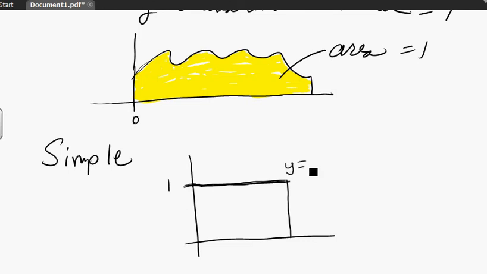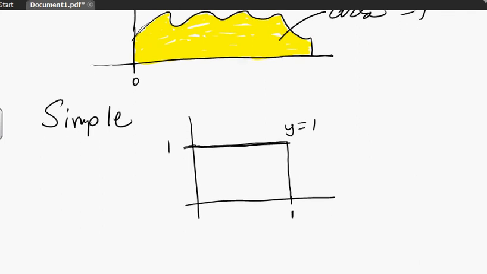Okay, good. And the area under this curve has to equal 1. So where am I going to have to stop here on the x-axis? At 1. Okay. So 1 times 1 equals 1. That area for that little rectangle, yes, is 1.